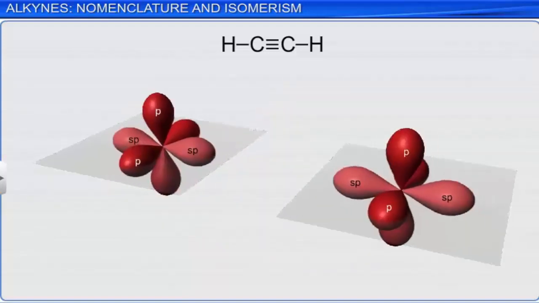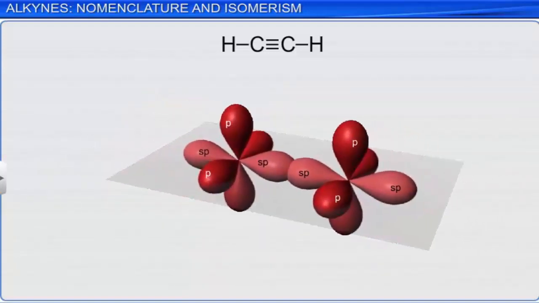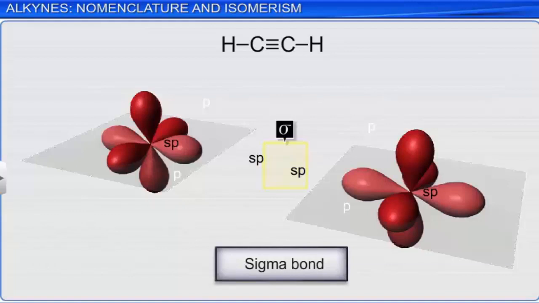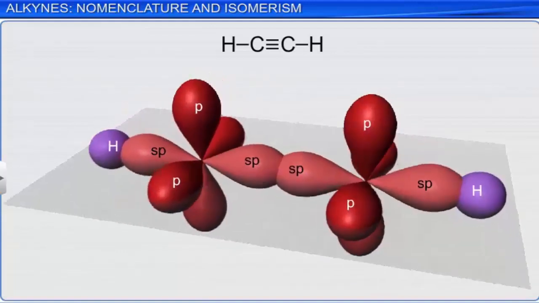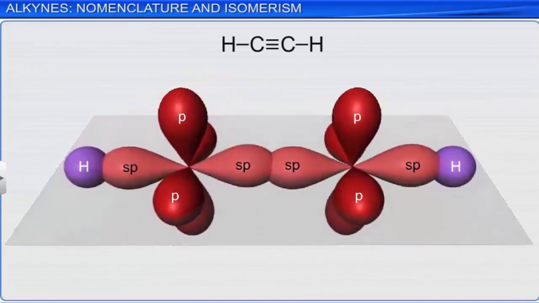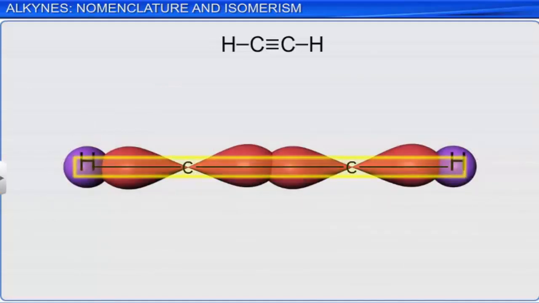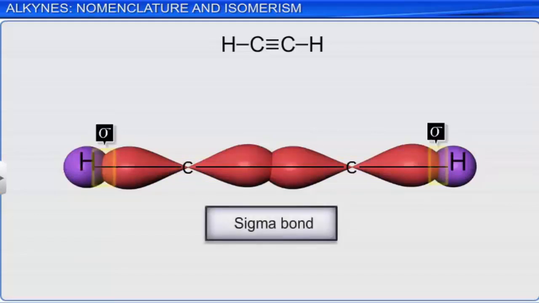The head-on overlapping of the two sp hybridized orbitals of the two carbon atoms forms a carbon-carbon sigma bond. The sp hybridized orbital of each carbon atom overlaps with the 1s orbital of each hydrogen atom along the internuclear axis. This overlapping forms two carbon-hydrogen sigma bonds.